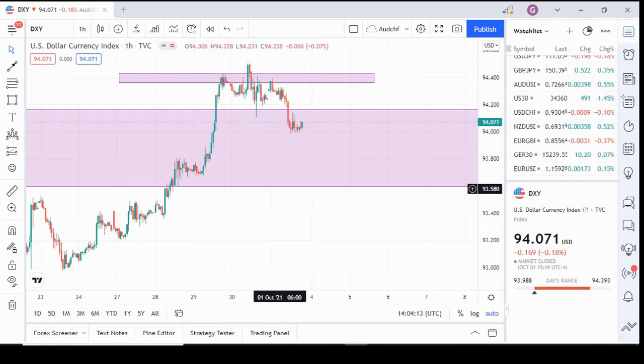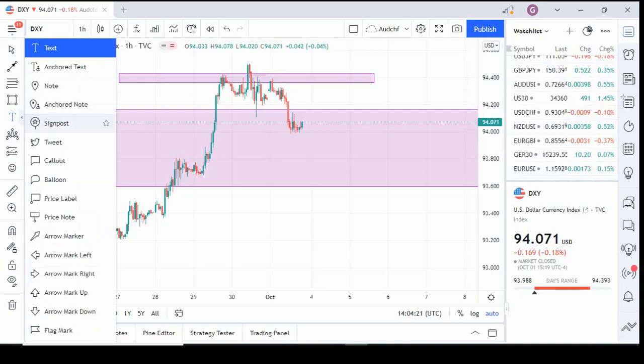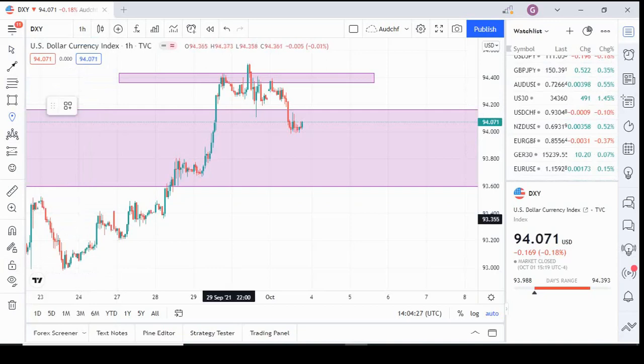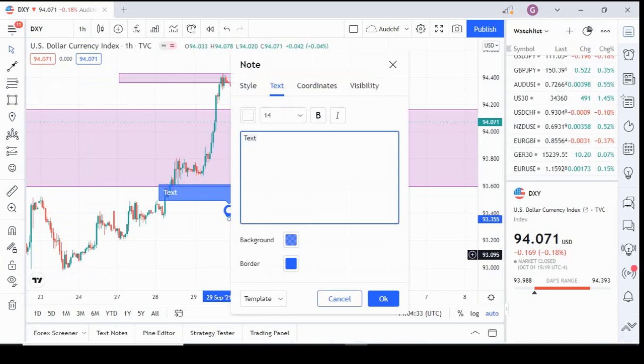Now basically, let me see if I can just note this here. What I actually mean is that we have the dollar and the other currency.